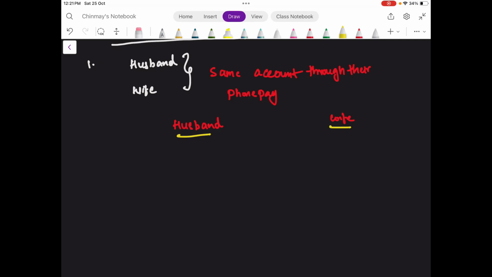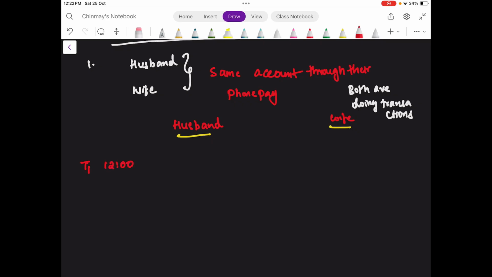Now at time t1, the use case is both are doing transactions. That means both are paying an amount to someone at time t1, say 12 o'clock.